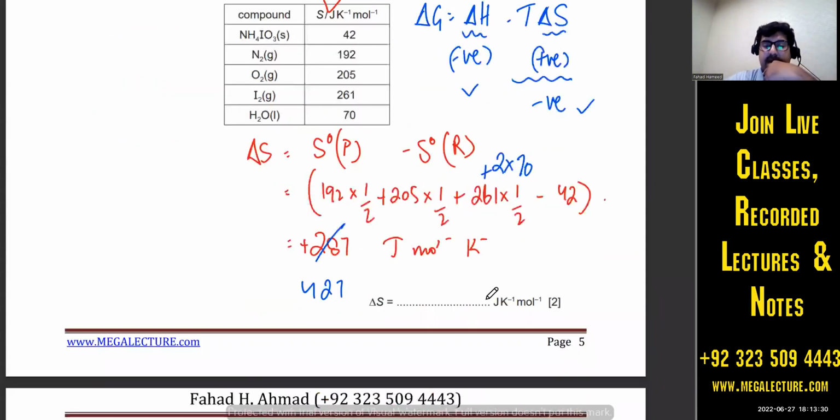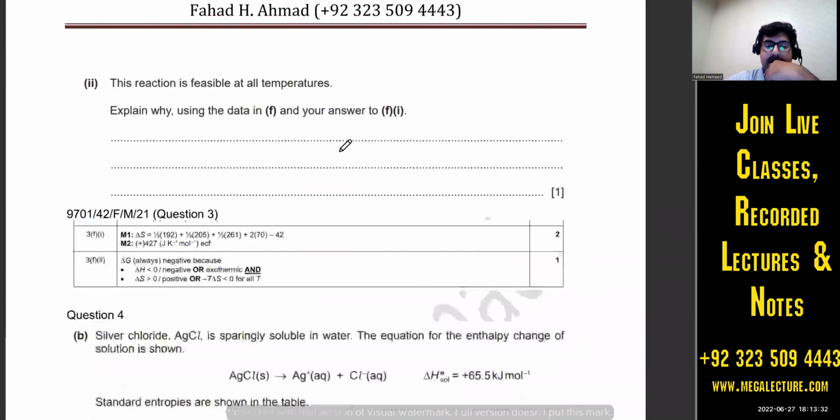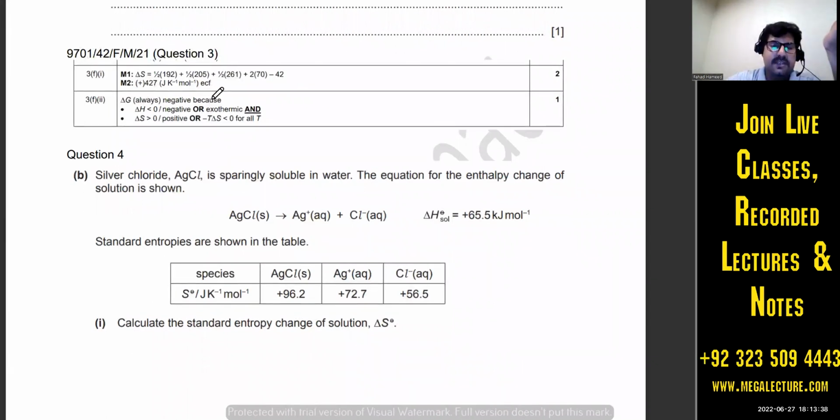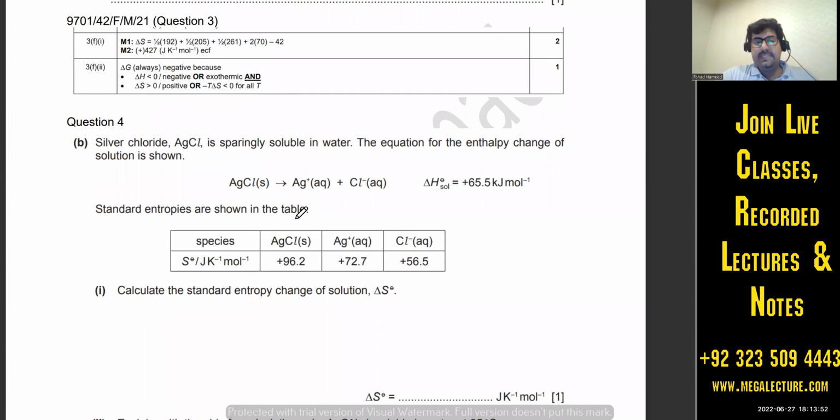And you're going to explain this over here. The explanation is delta G is always negative. Why? Because minus T delta S is always less than 0 for all temperatures, and delta H is also less than 0. So both of the terms are negative. So the entire expression becomes negative.